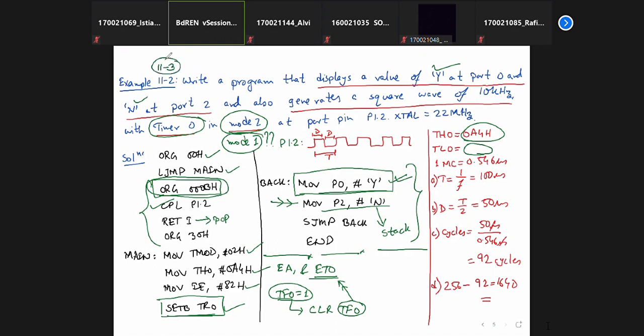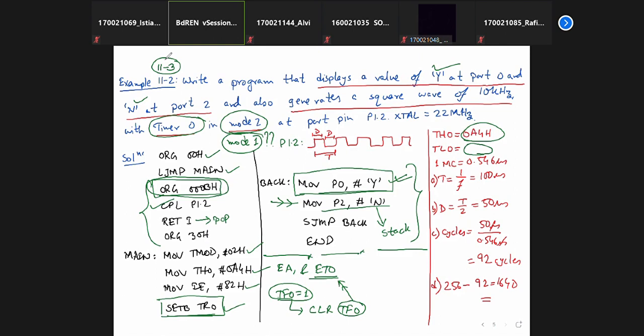But if I had started with 11.3, it would have been a bit complicated, so that's why I started with 11.2. If you have understood this example, then understanding 11.3 will not be any problem. So when you get time, please go through example 11.3. If you face any difficulty, I will explain it again in the class. Okay, so we will pause over here.